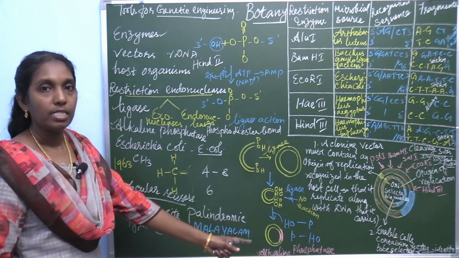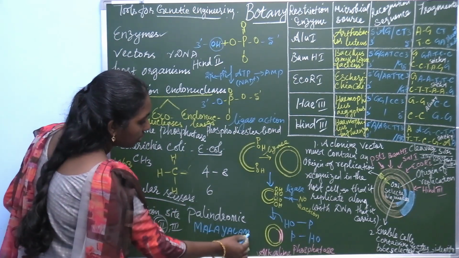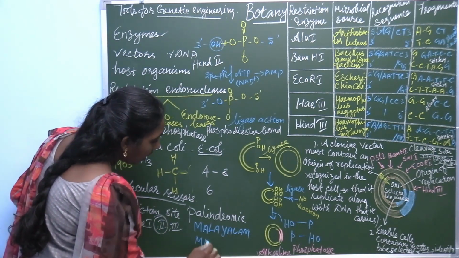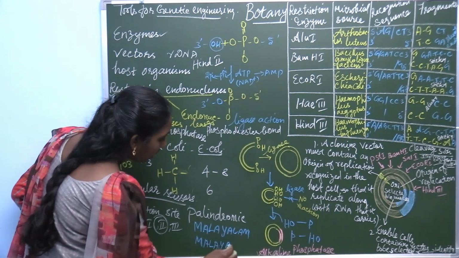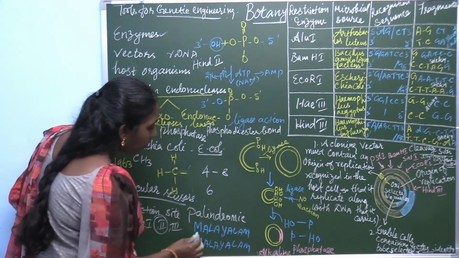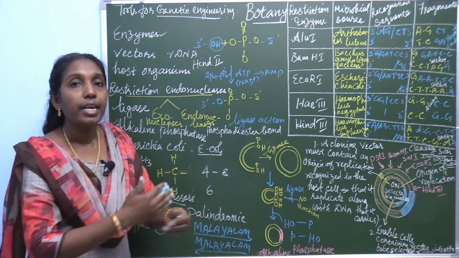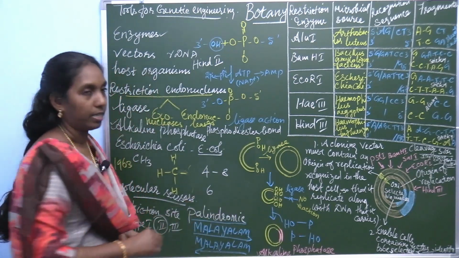See, in this phrase, whether you read in this direction or this direction, when you write M A L A Y A L A M, both sides, this direction and this direction, read the same. So, this is called palindromic.